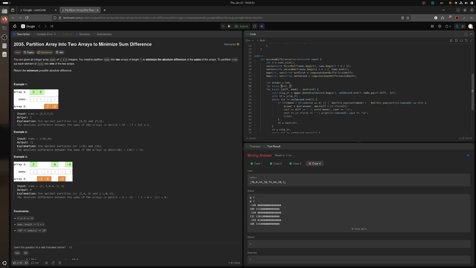And then this will be the ifs over set first, and then we go for auto diff in ifs, and we run this code.